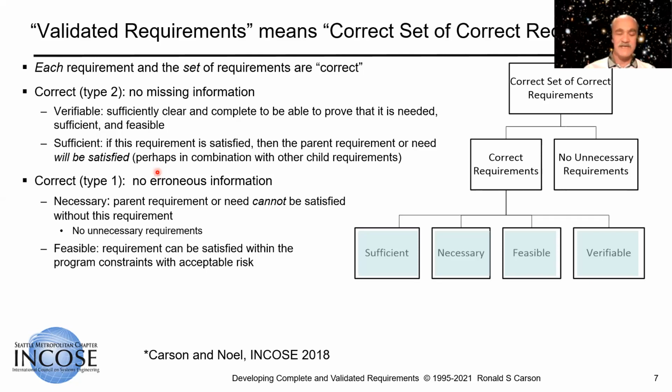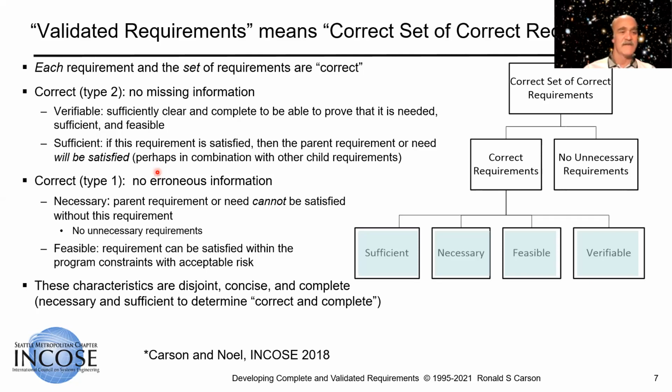So we have these 4 checks, beginning with verifiability, sufficiency, necessity, and feasibility, as a way of ensuring a correct set of correct requirements. And we found these to be disjoint, concise, and complete. That is, they are necessary and sufficient to determine correct and complete.